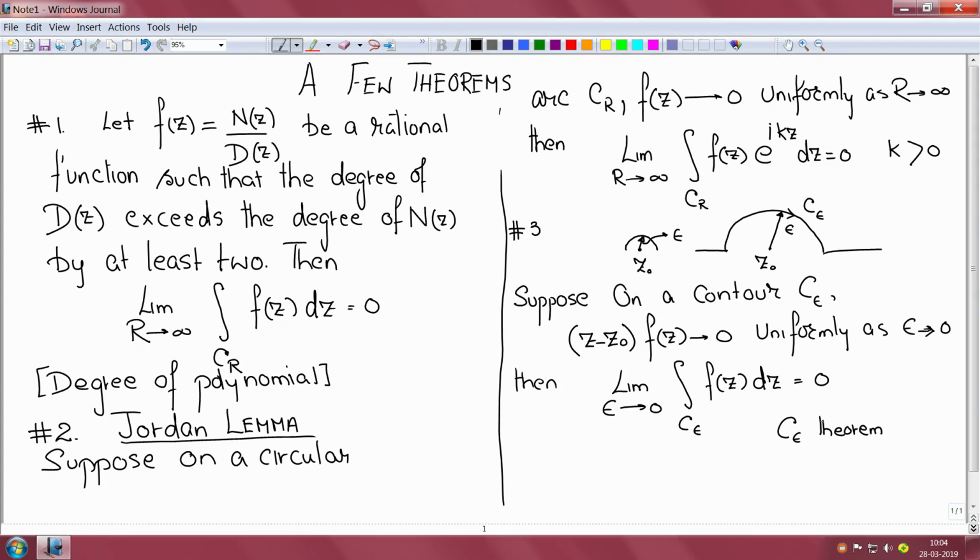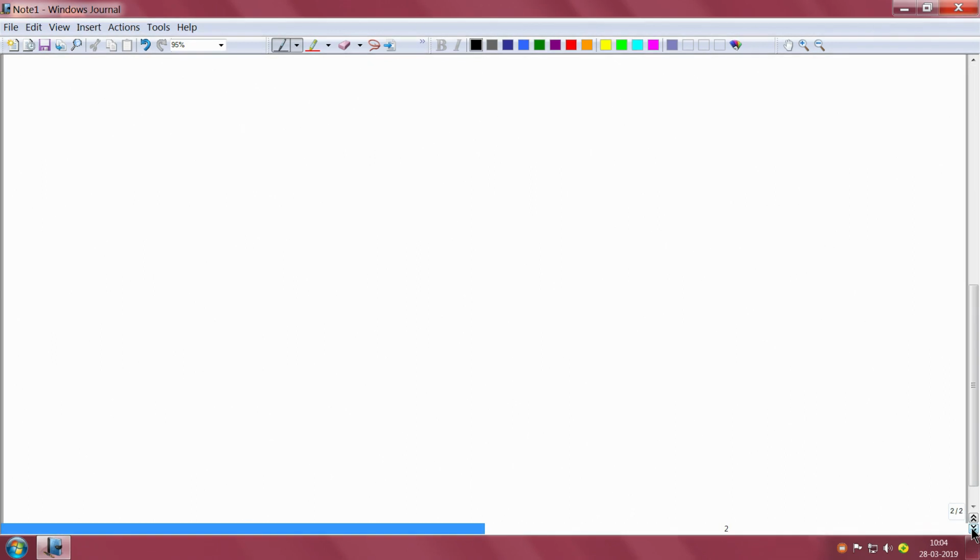When we use it, next, number 4, related to the same figure.